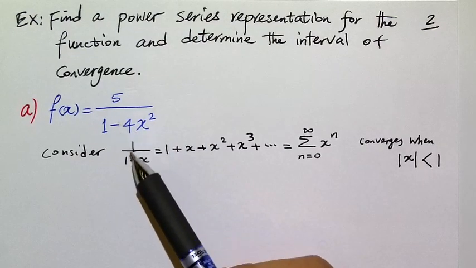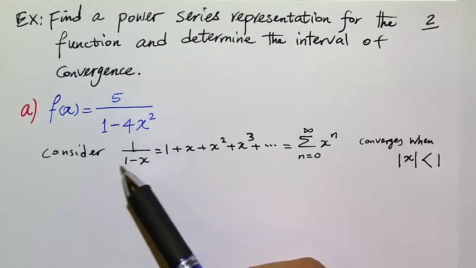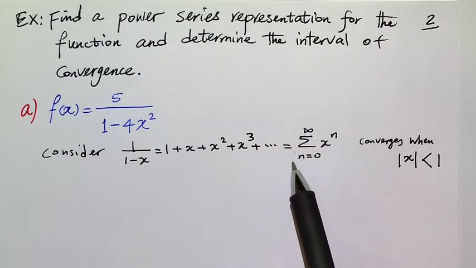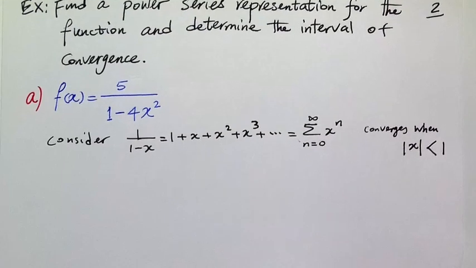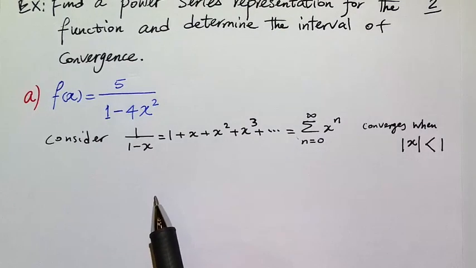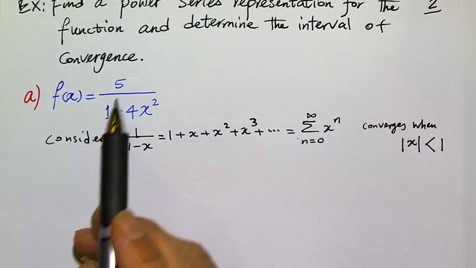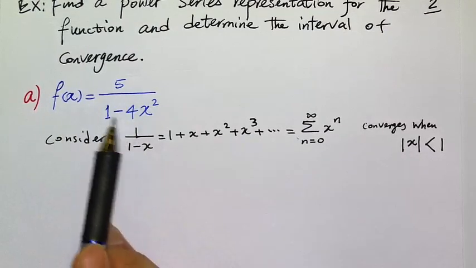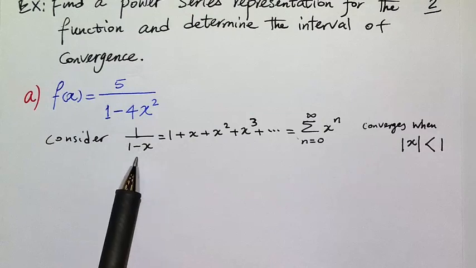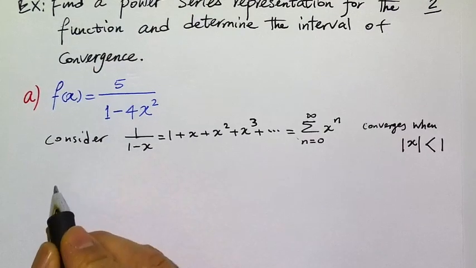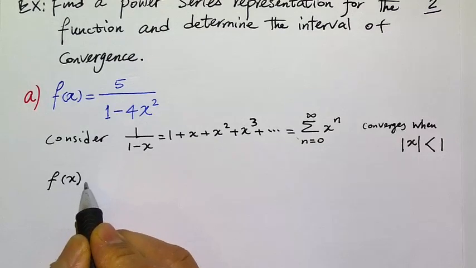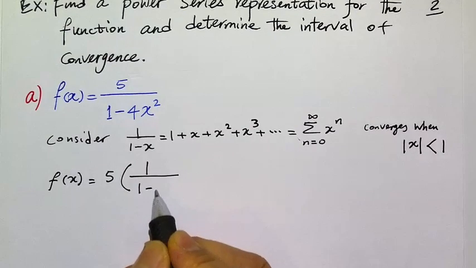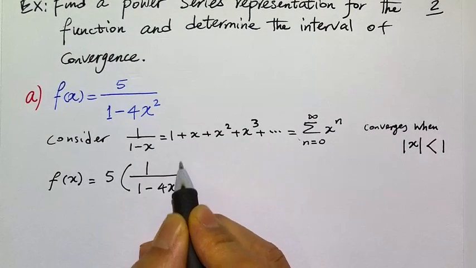But you'll see how this similarity between the function and the function that represents this power series becomes so useful in taking the derivative and integrating various functions. So the first thing to do is let's factor this 5 out. And our objective is to get this expression to look like something like this. So we can write f of x equals 5 times 1 over 1 minus 4x squared.